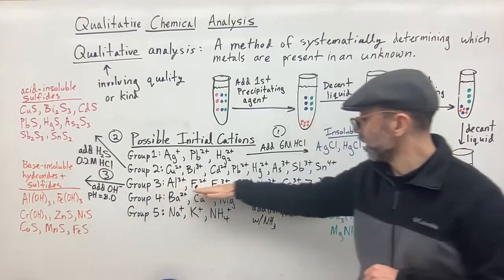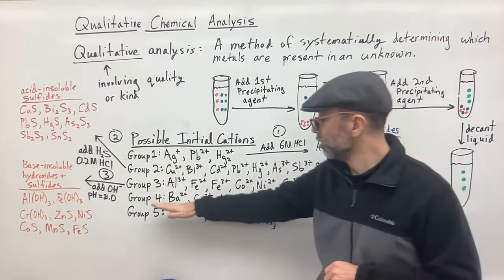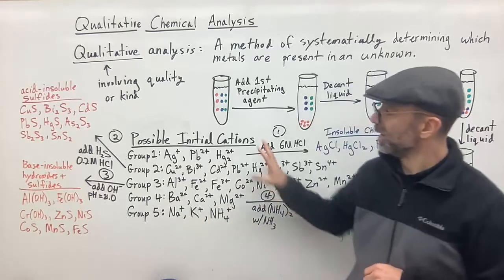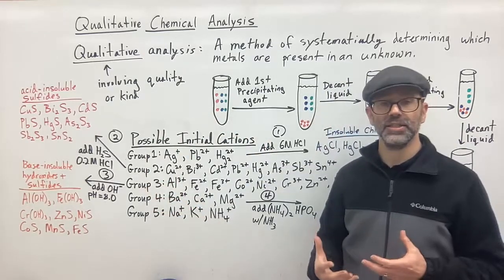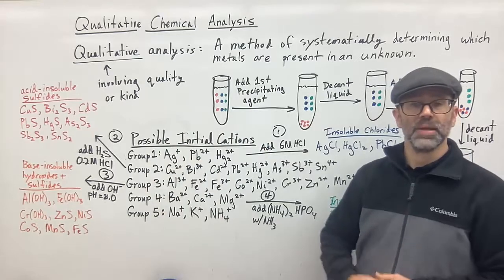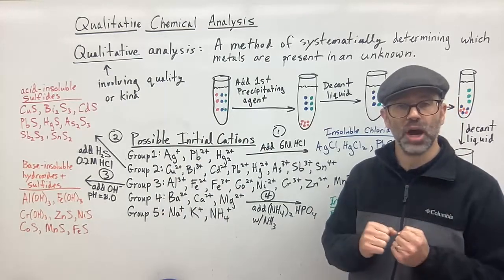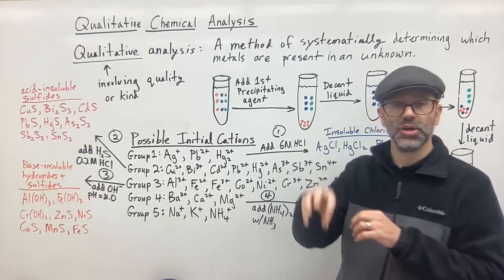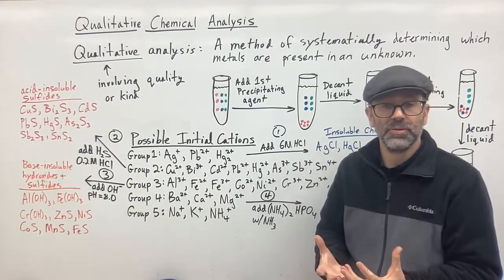Group 3 is these metals here, then group 4 and group 5. So I could have all of these mixed into my test tube. So what do I do? I follow a kind of flow chart and add certain things systematically to see if something precipitates.